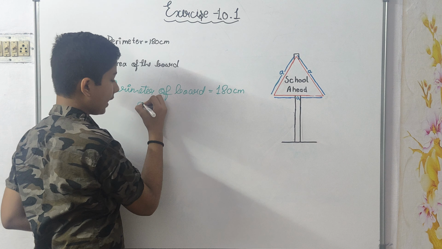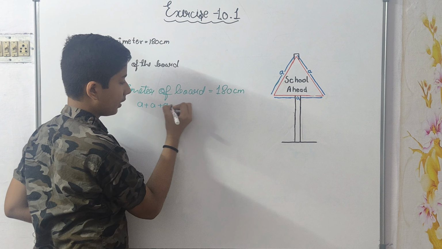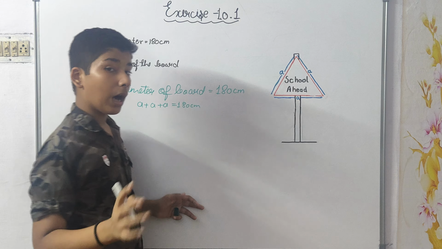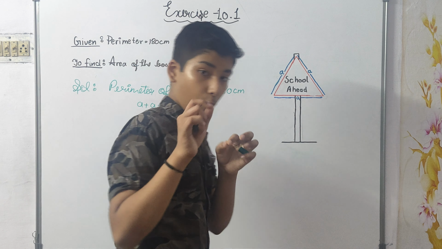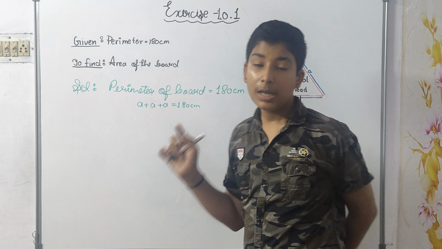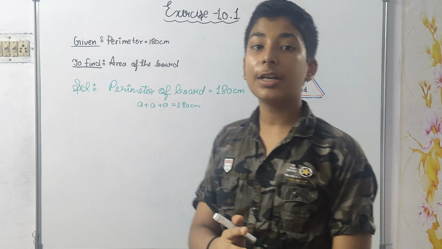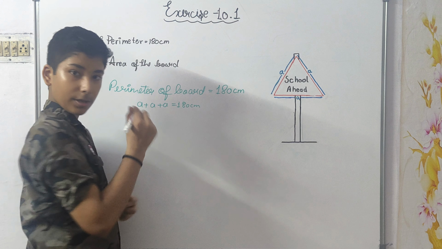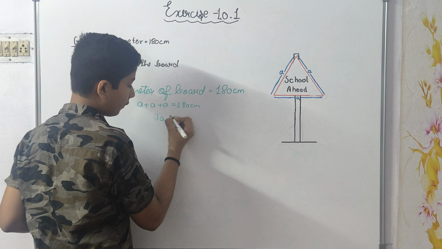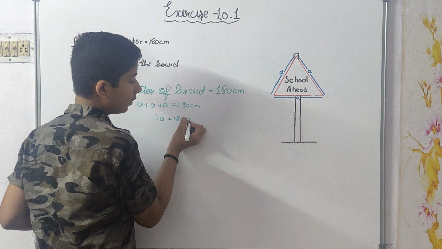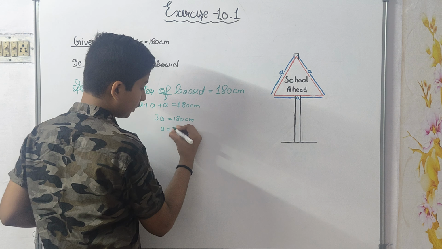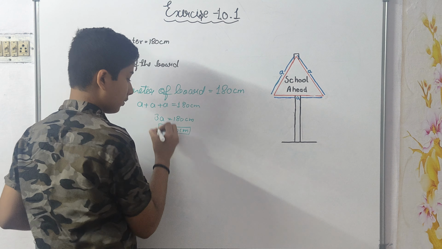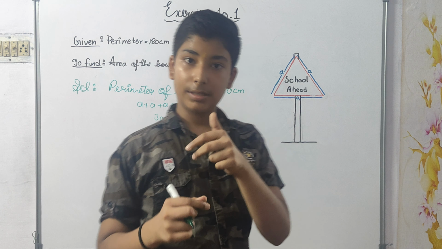So we can write A plus A plus A equal to 180 centimeter, because the sum of all the sides is always the perimeter in a triangle. If it is an equilateral triangle we say it is 3A, but I have written A plus A plus A, which is 3 times A equal to 180 centimeter. A equals 60 centimeter, which means all the sides are 60 centimeter.